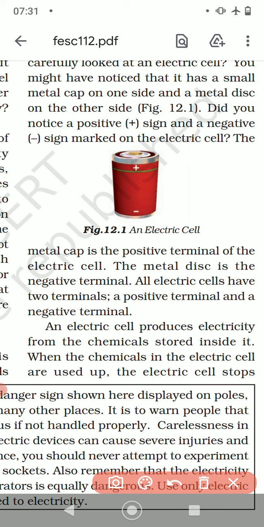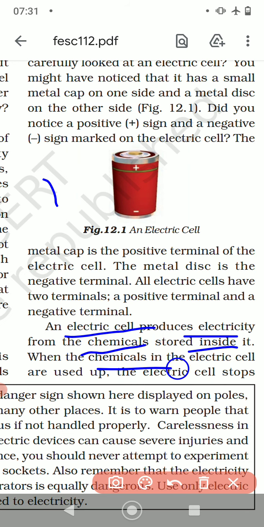Alright, moving ahead. An electric cell produces electricity from chemicals. Now this is also very important. An electric cell produces electricity from the chemicals stored inside it. So in the electric cell there are chemicals stored inside, and through that only the electric cell produces electricity.